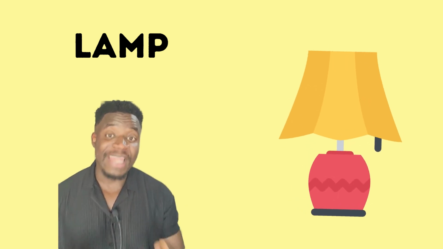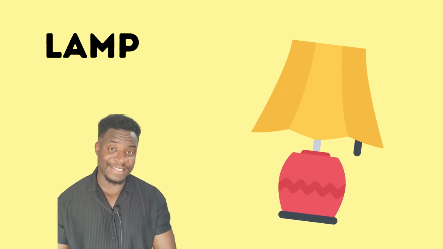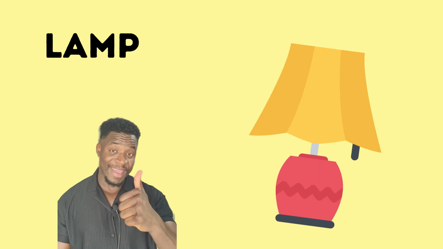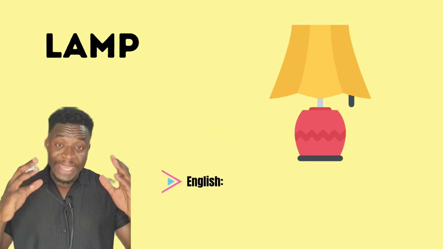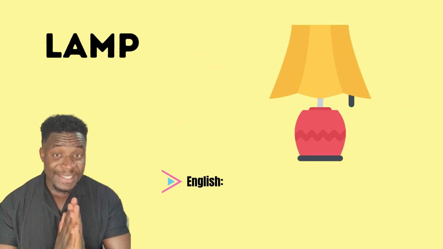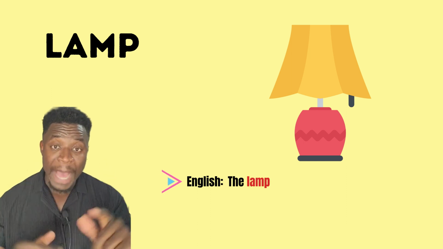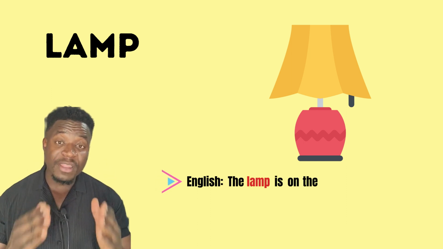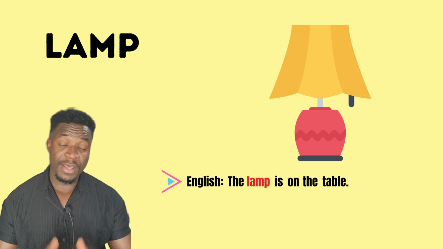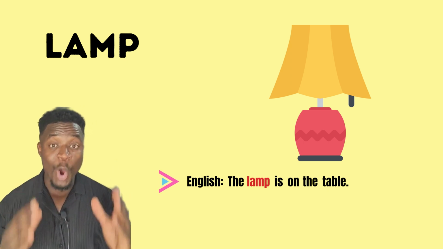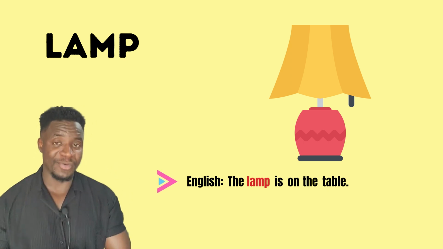Lamp. Can you say it with me? Lamp. Now let's make some example sentences. Okay? Let's go. So an example sentence is, the lamp is on the table.